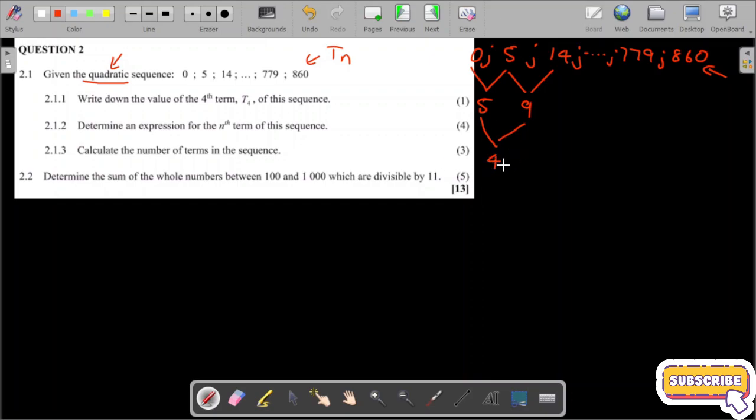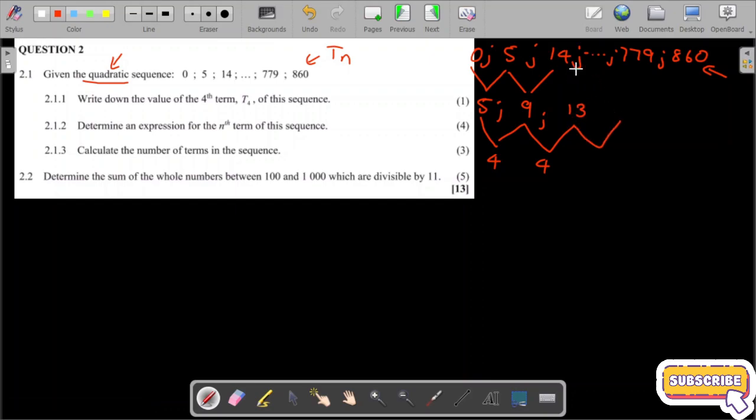Now from here, they told me that this is a quadratic. So for sure, my second difference is going to be constant, it's going to be 4. I know this continues as 4 until infinity. So this is 4, this is 4. Now finding the term that's going to follow here, it's going to be 9 plus 4. So 9 plus 4 gives me 13.